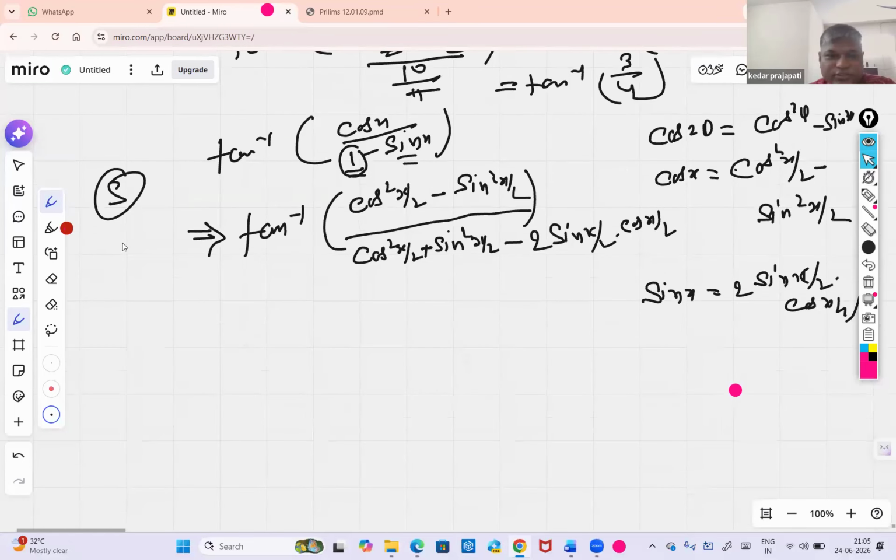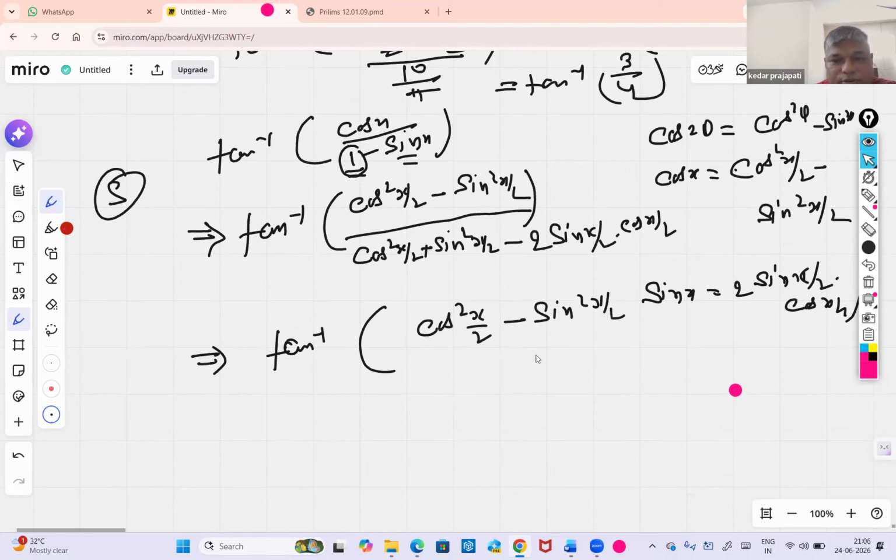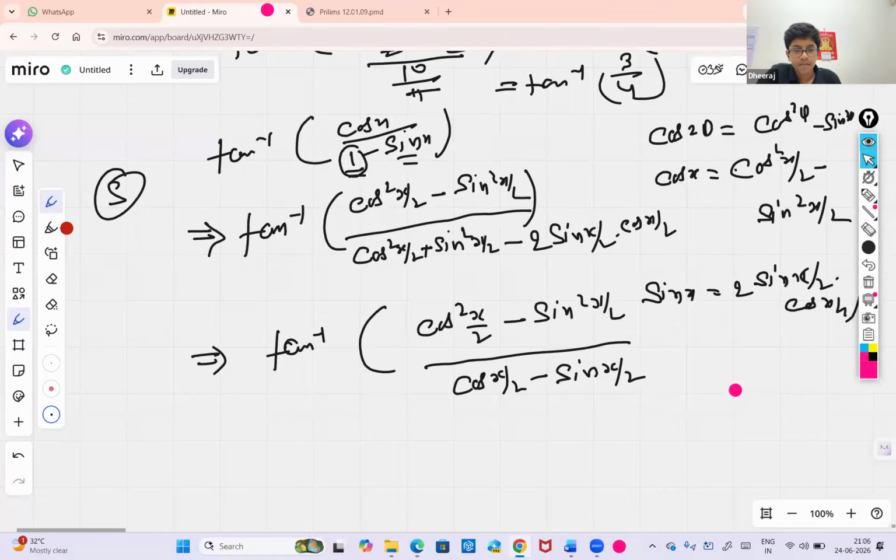So we can now easily write them in the form of tan inverse of cos square x by 2 minus sin square x by 2, divided by cos x by 2 minus sin x by 2 whole square.